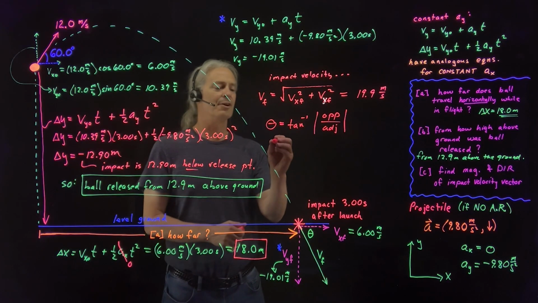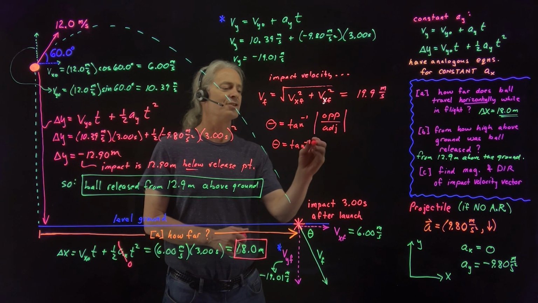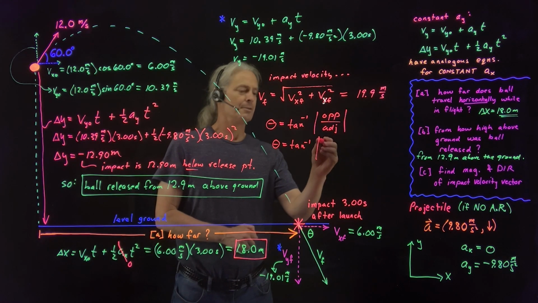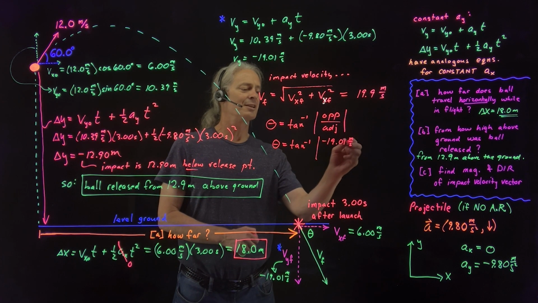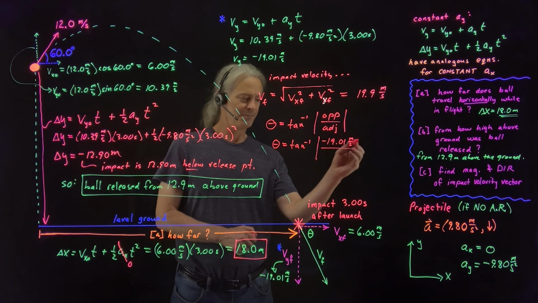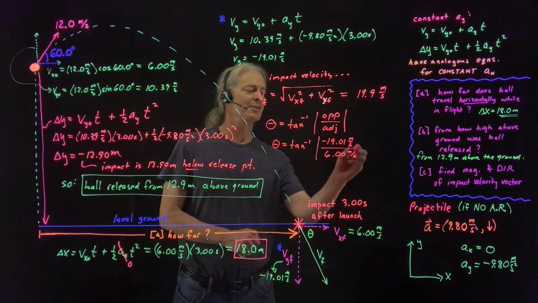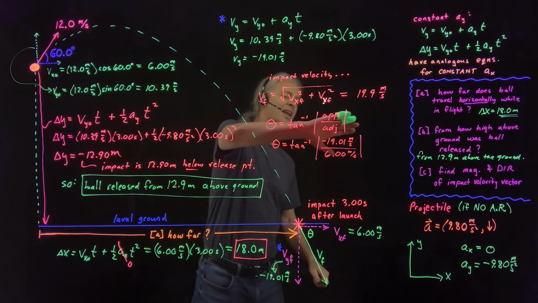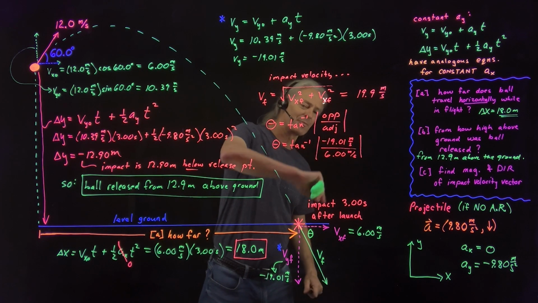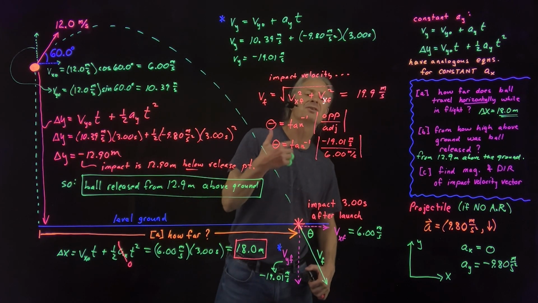Now let's plug in for those. So theta will be the inverse tangent of negative 19.01 meters per second divided by 6.00 meters per second, all in absolute values. So we take the absolute values there, it makes the whole thing positive. Then we take the inverse tangent, making sure our calculator is in degree mode.